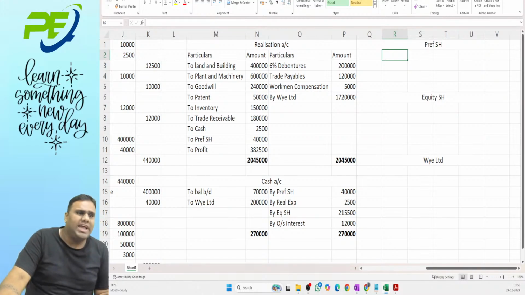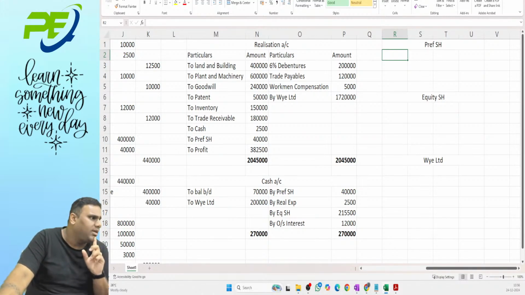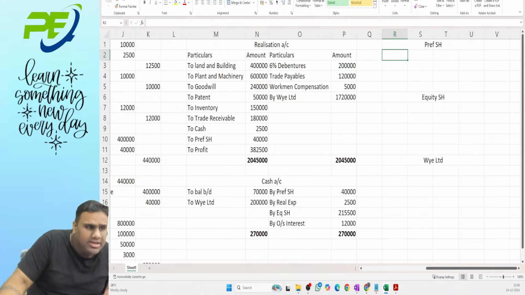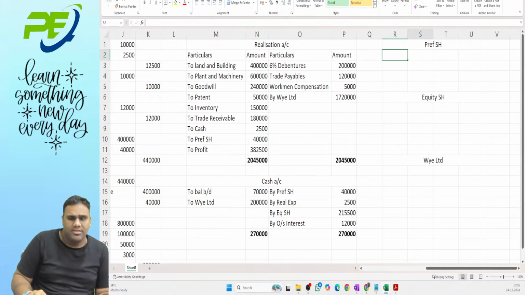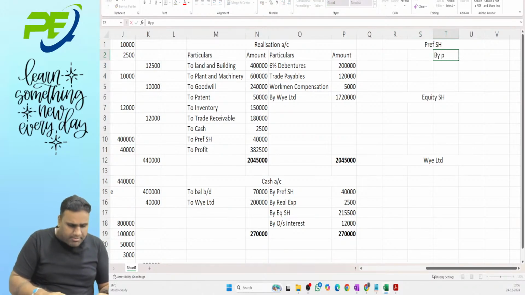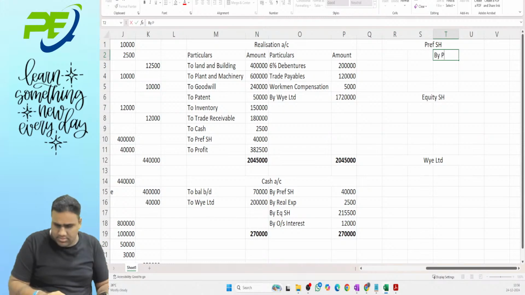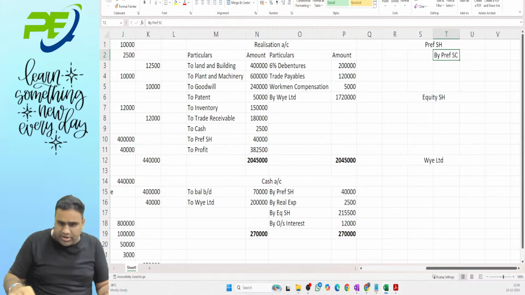So, preference shareholder, tell me when it will come. By preference share capital, 4 lakhs.